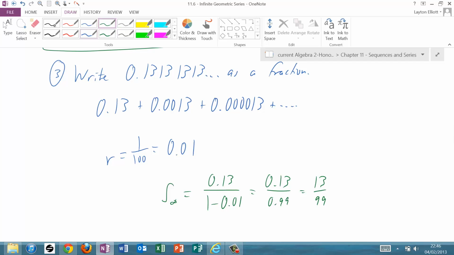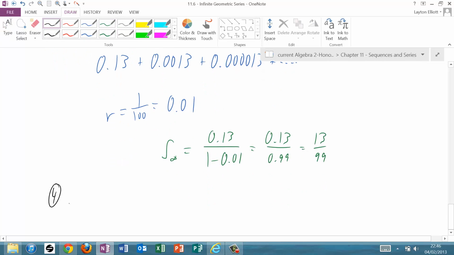We're going to try another one. Let's prove 0.9 repeating is equal to 1. This is for you, William.